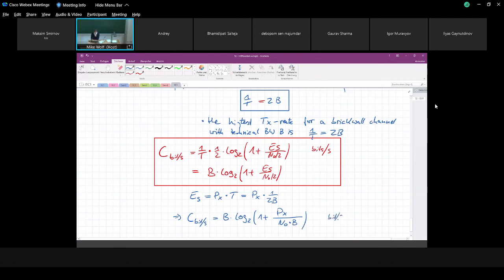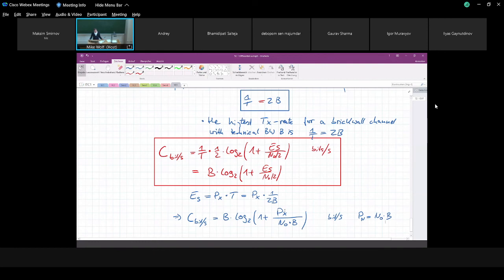Still bits per second. But now we inserted a transmit power and a bandwidth. And of course, in our old model, the real-world noise power for a bandwidth B would be N0 times B. And then we are back at the old model.